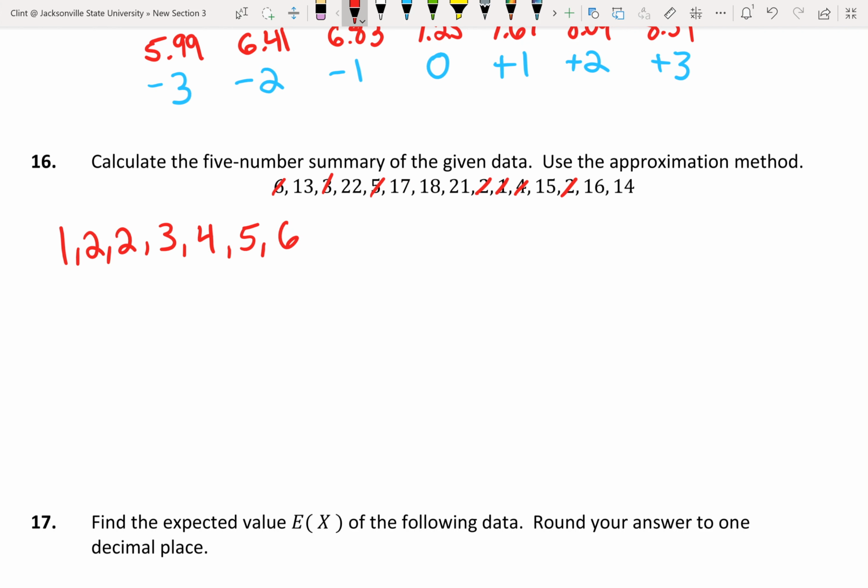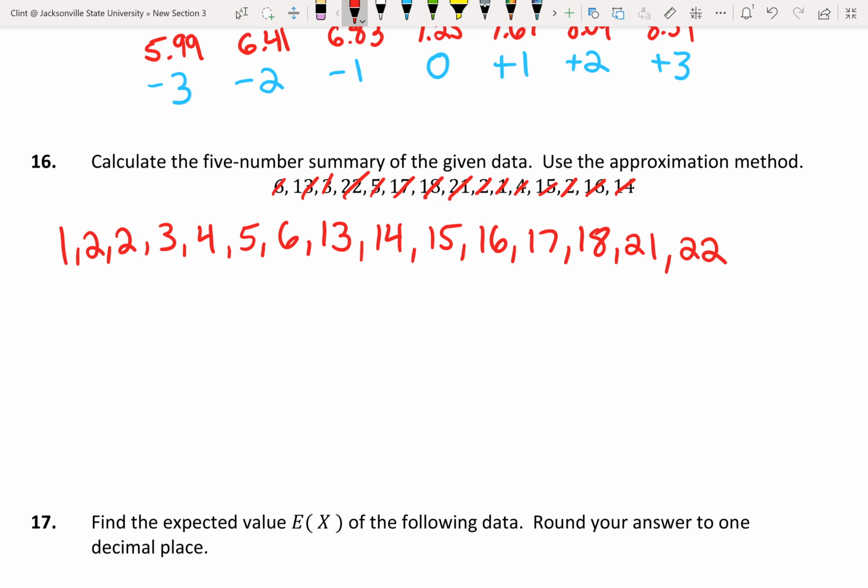All right, so 6, 7, 8, 9, 10, 11, 12. We do have a 13. We do have a 14, a 15, a 16, 17, 18, 21, and a 22.